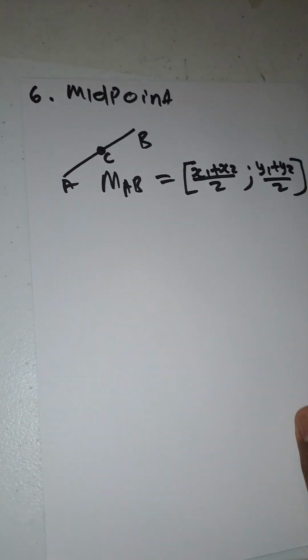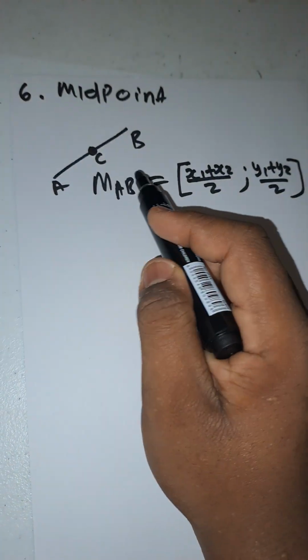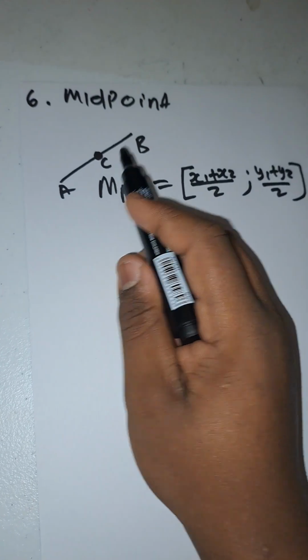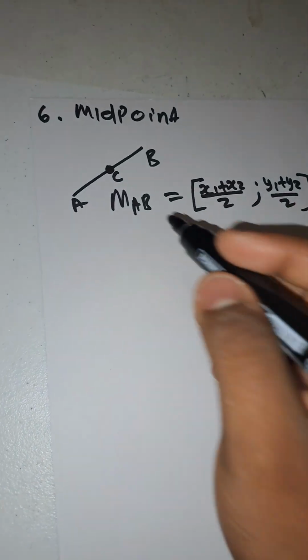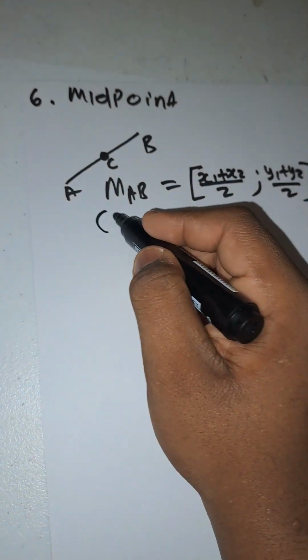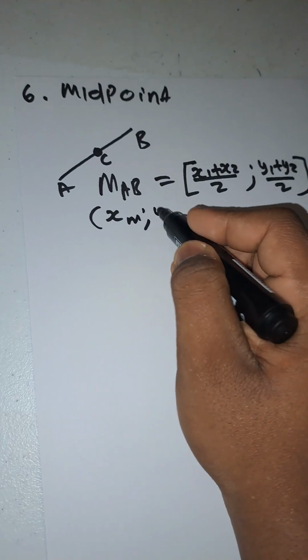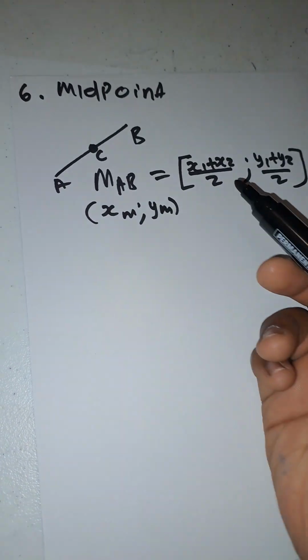Before we continue, let me show something. The reason why I said midpoint of AB is because I want to show you something. Let's say I have put xm, ym. This is the x value and the y value of the midpoint.